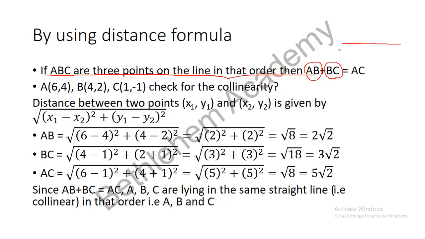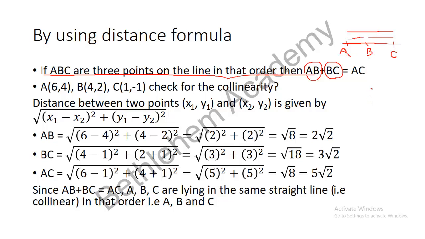Let's take this line, and say this is A, then this point is B, and then we have one more point here which is C. So A, B, C are 3 points. Then obviously this distance plus this distance must be equal to this distance. So if we calculate AB and then BC, add both of them, and that is equal to AC, then we can conclude that they are on the same line.